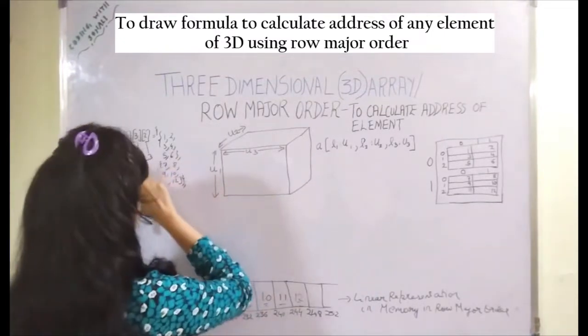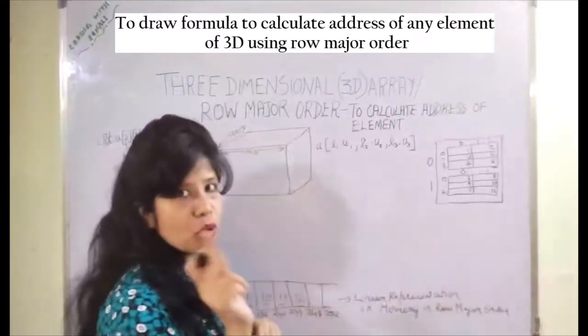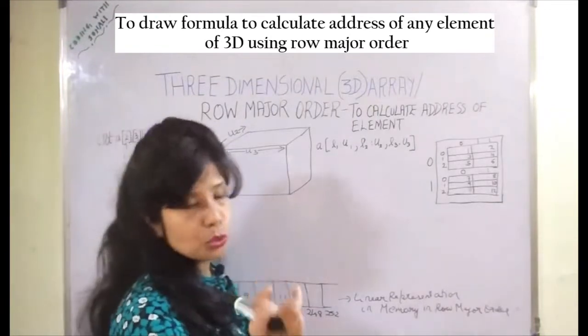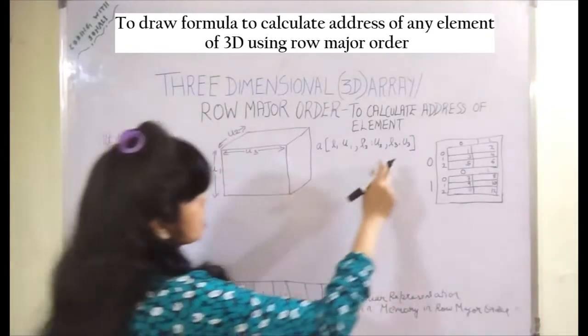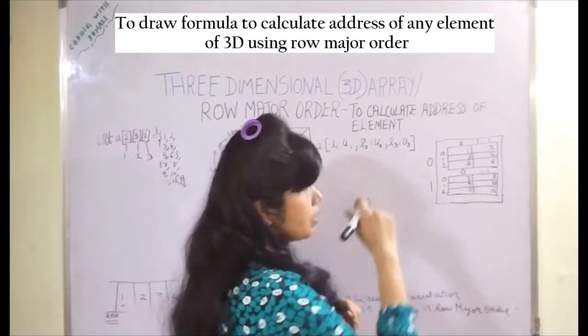So if we start from 0, L2 will be 0 and U2 will be 2, because we are giving this size as 3, so 0 to 2. And for the third, we have 2. So this will be L3 and U3. L3 will be 0, we are starting from 0, and U3 will be 1.